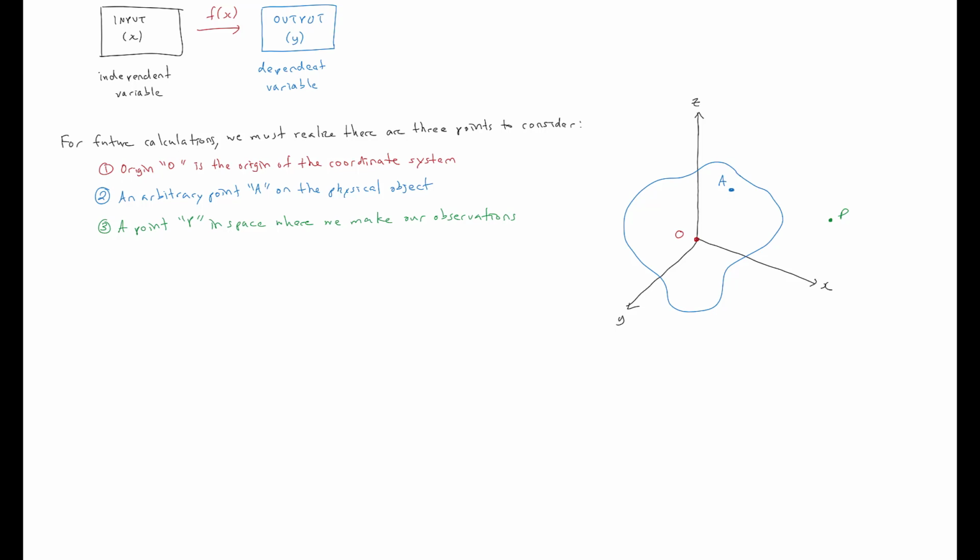What do we do? We're going to take a look at the relationship between these points, where the variable r is used to represent the distance between them. So we can use the letter r to represent distance between points.